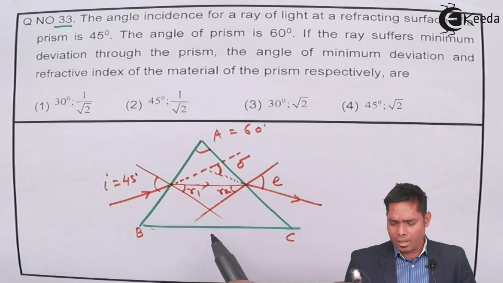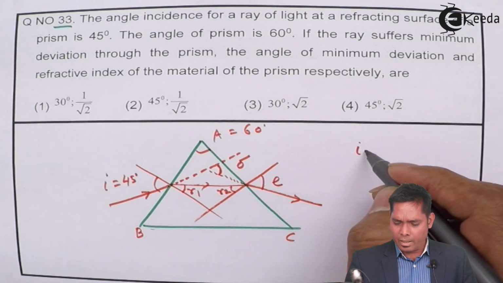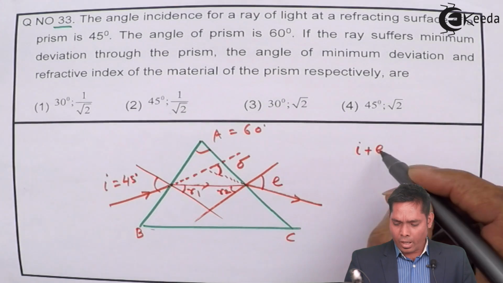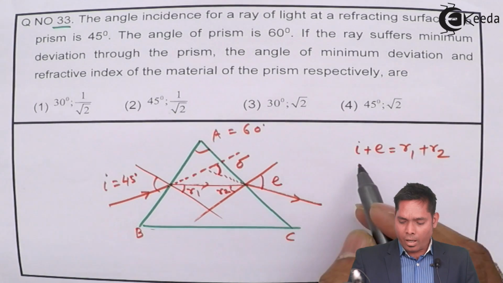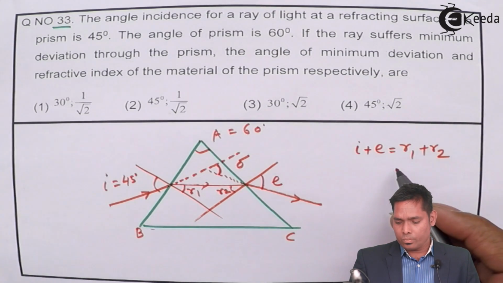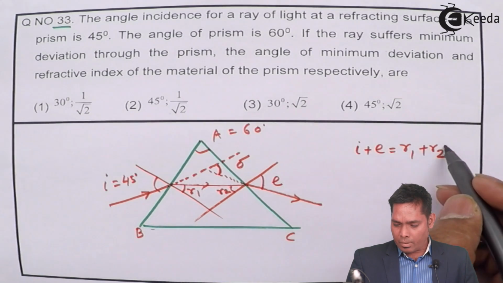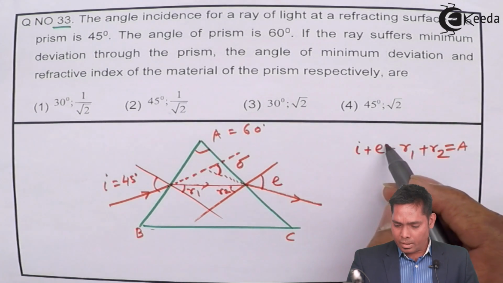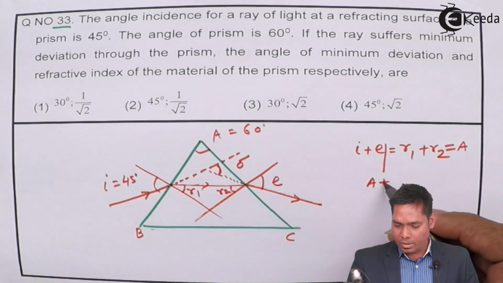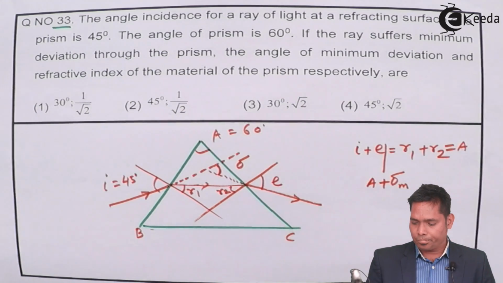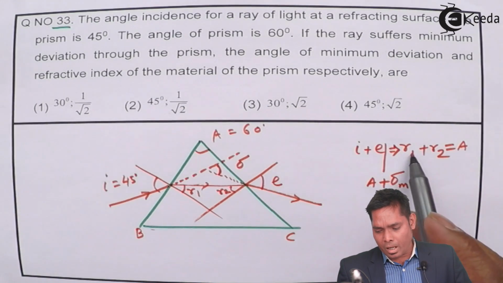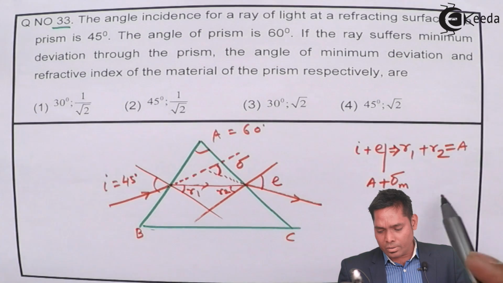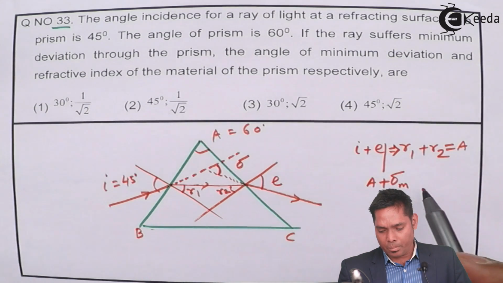The prism formula gives the relation that i plus e is r1 plus r2. This r1 plus r2 is A, and i plus e is actually A plus delta m. This is the general relation of the angular prism.